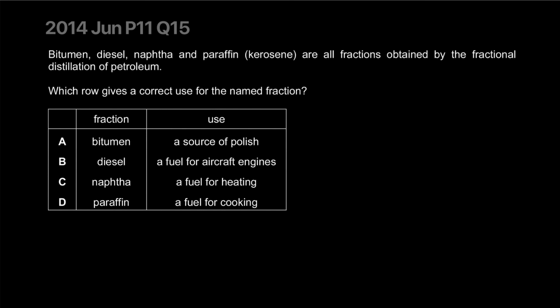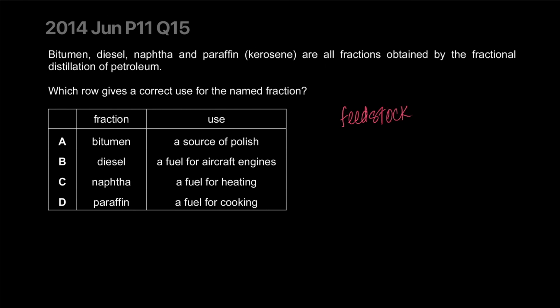Actually, this is one of my least favorite questions because it's just recollection. It's rote learning, as we say. Naphtha, a fuel for heating. Normally people get confused with naphtha. Naphtha is the term used for feedstock for the plastic industry.